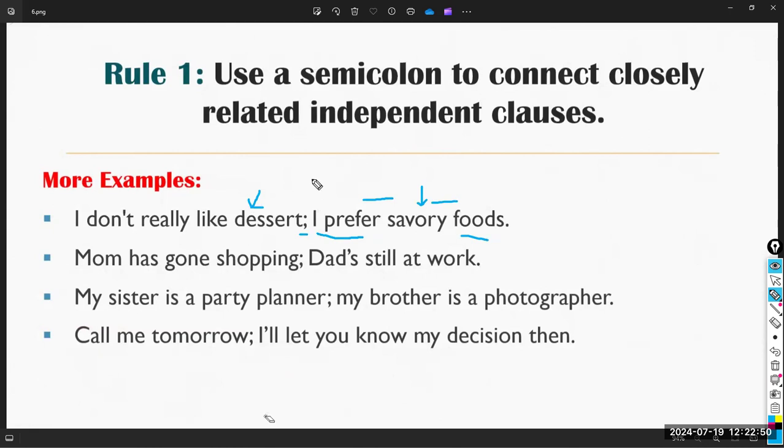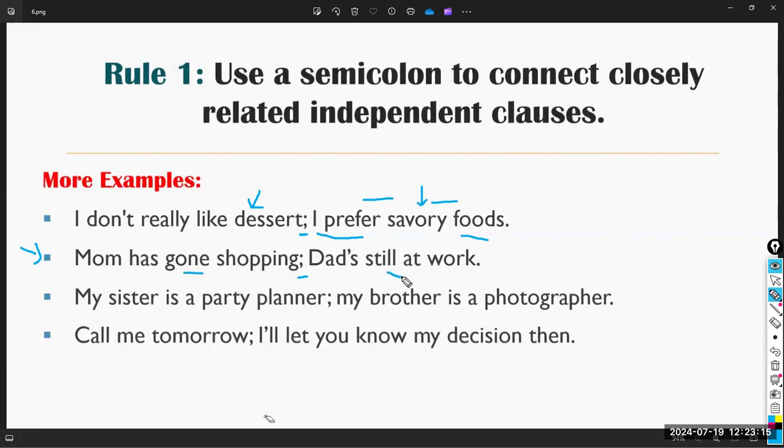So I have two choices to join two independent clauses just to make them one sentence. The first option is using one of the fanboys coordinating conjunctions, or you can use a semicolon. The next example: Mom has gone shopping; Dad is still at work.